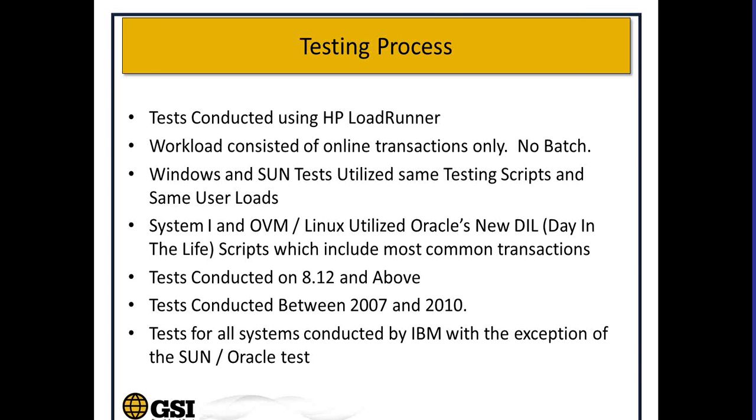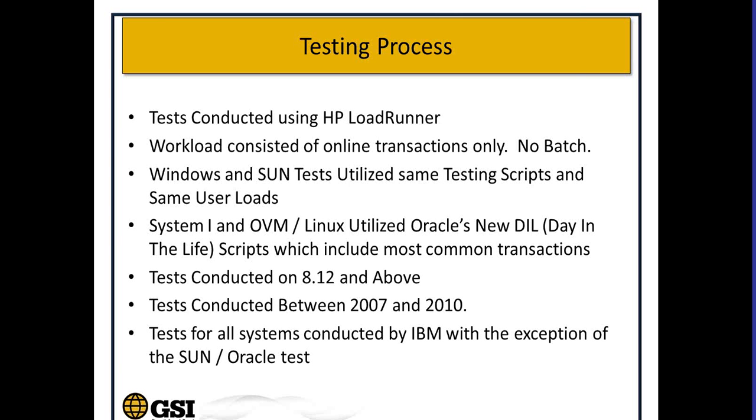The differences being in some of the newer ones, they added in a little bit more HR payroll and some other functionality that wasn't originally available in the scripting on a couple of the tests. But every single test was on 8.12 and above, and all the tests were conducted between late 2007 and 2010. Most of the tests were conducted by IBM, with the exception of the Sun Oracle test.